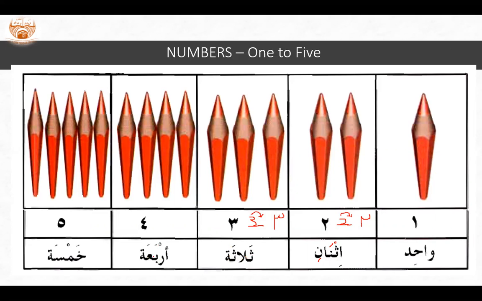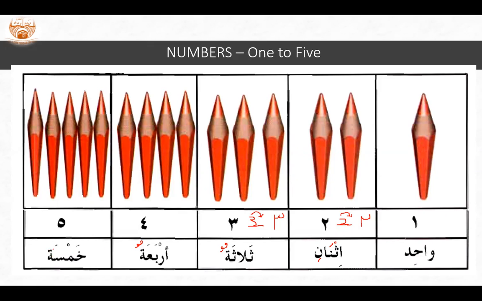The word arba'a is 4. Arba'a. Say after me. Arba'a. This is understood to be a tanween here. Likewise, we have thalatha there. So say for me, thalatha, arba'a.